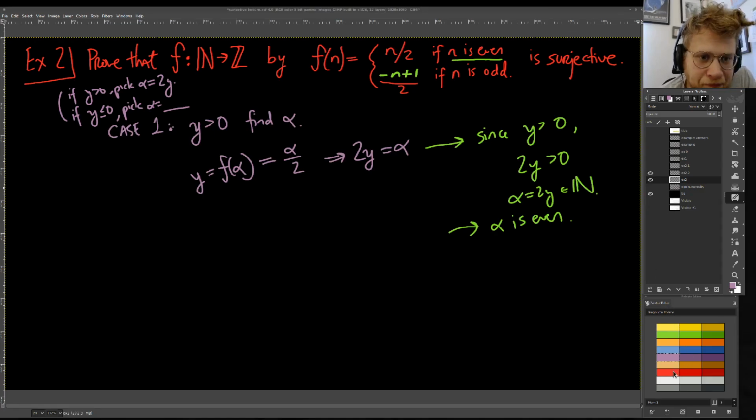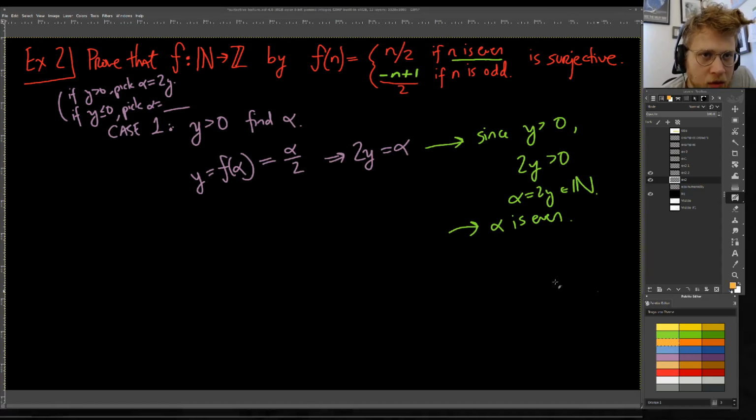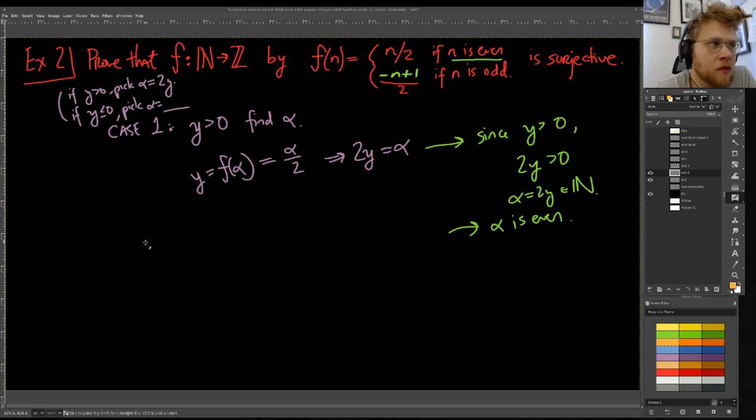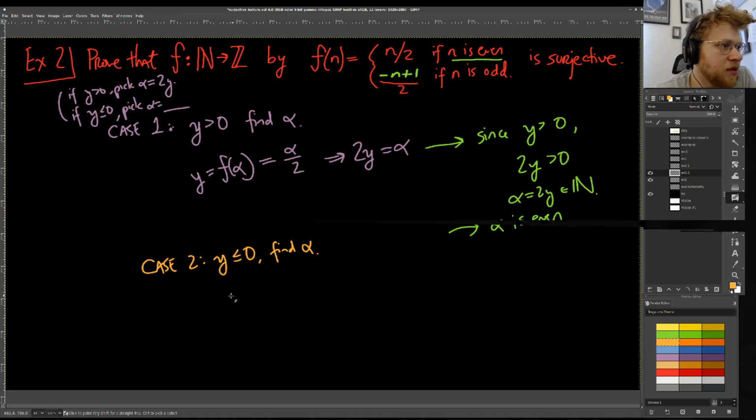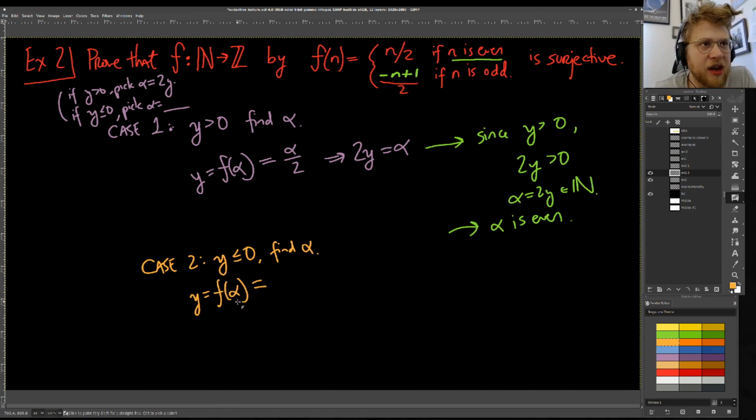So looking at this next case here, case 2, let's take y less than or equal to 0, and our goal is to find alpha. So we would want y to equal f of alpha. And again, it's a lot less clear in this case, but we know from our previous graph that we want alpha to be an odd number.